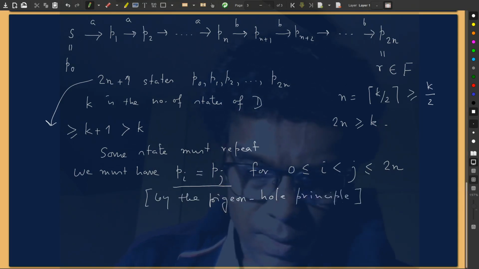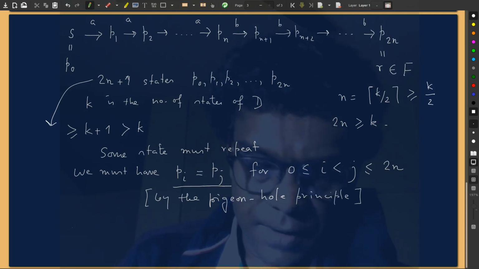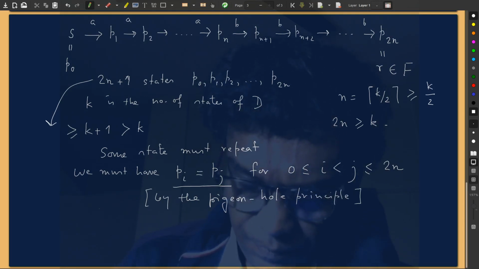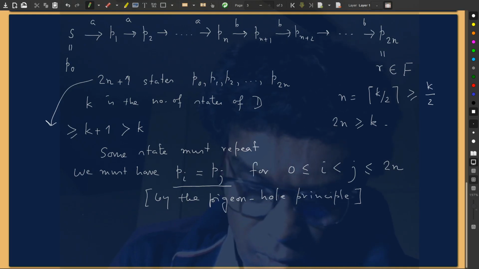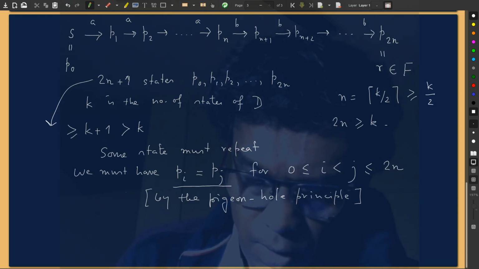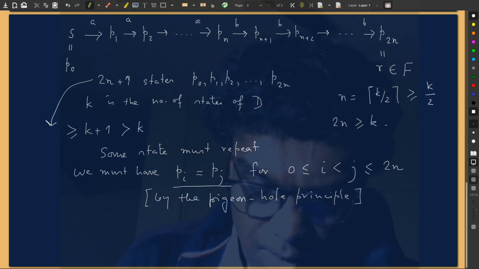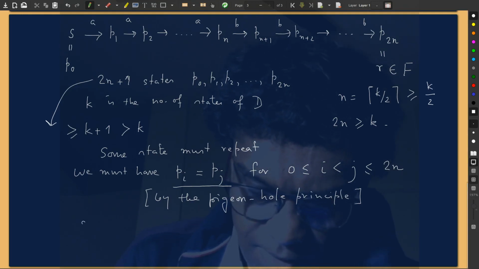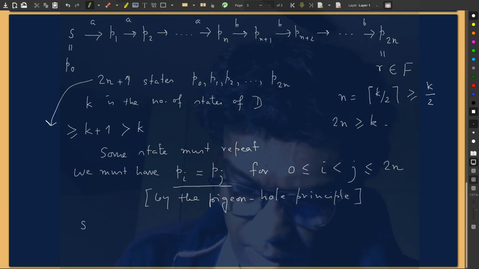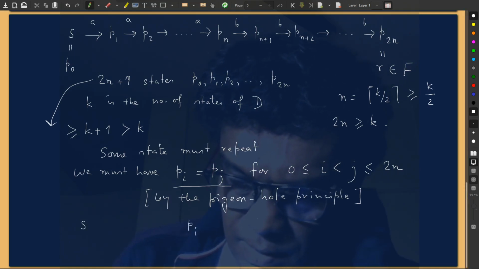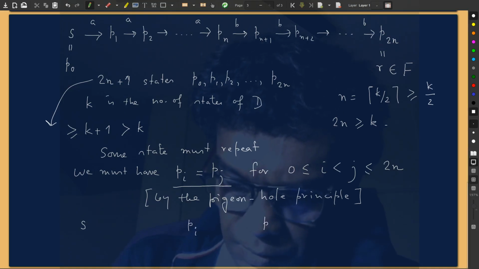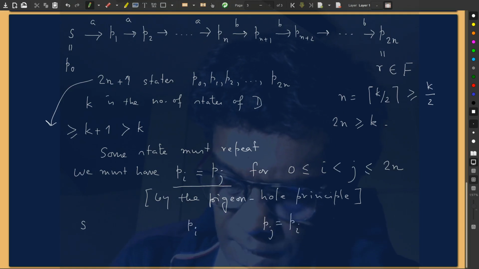Now let us see what it really implies. I have a situation like this: S, then I have pi, then I read some more symbols and I get pi again.